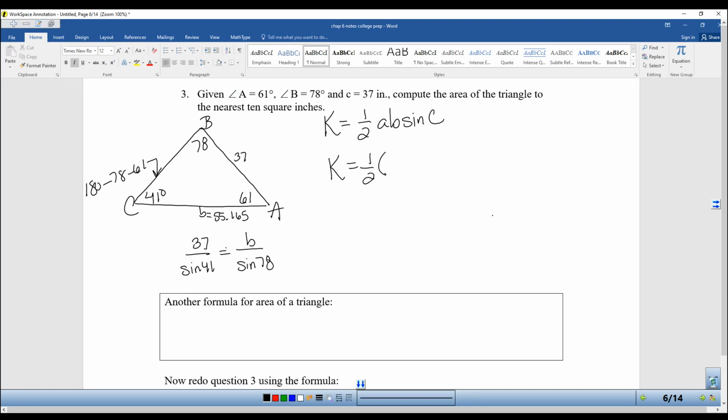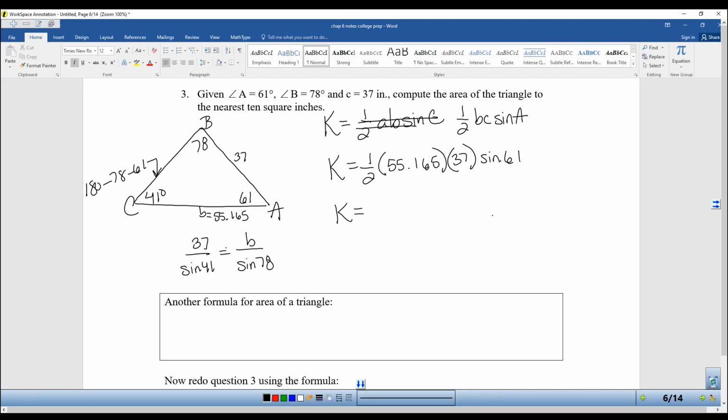Now I can use my formula. I'm going to use angle A because I have B and C. 1/2 BC sine A. So B, 55.165, C, 37, sine of 61.